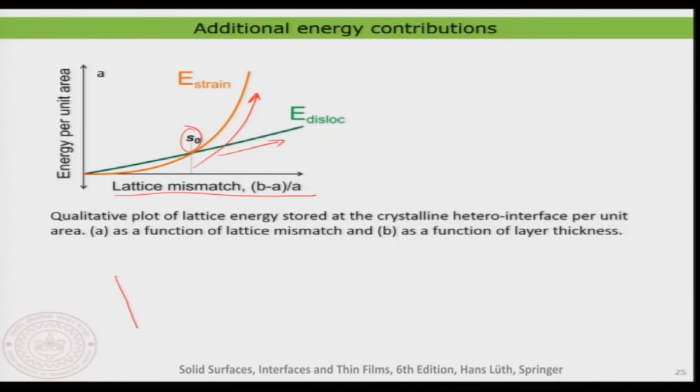If you look back again at the potential energy diagram of the adsorbate distance and the potential energy, you would find that I cannot push the atoms all the way up here. If I want to accommodate a large strain at the interface, I have to take the atoms very far away, or push the atoms very close.